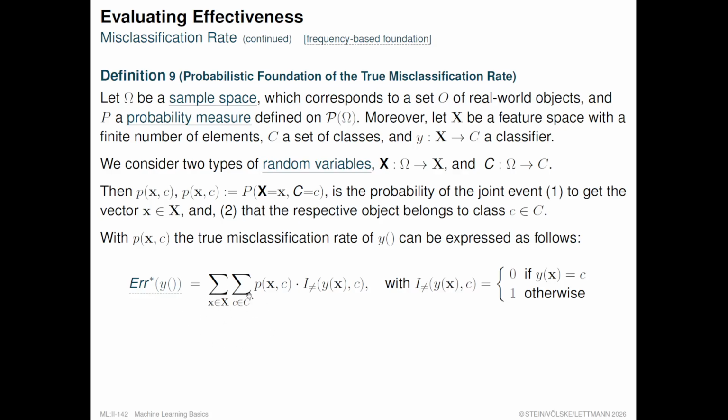So for all combinations of features and classes, we check how likely that combination is and whether we would be able to handle that combination well or not. If we do handle it well, we don't get a penalty. If we misclassify in this specific case, we get the penalty, but it's weighted by the probability.